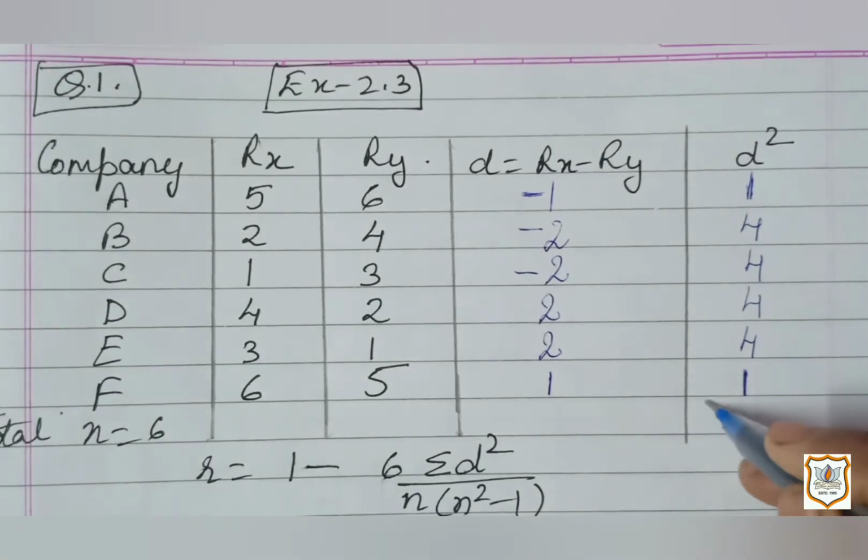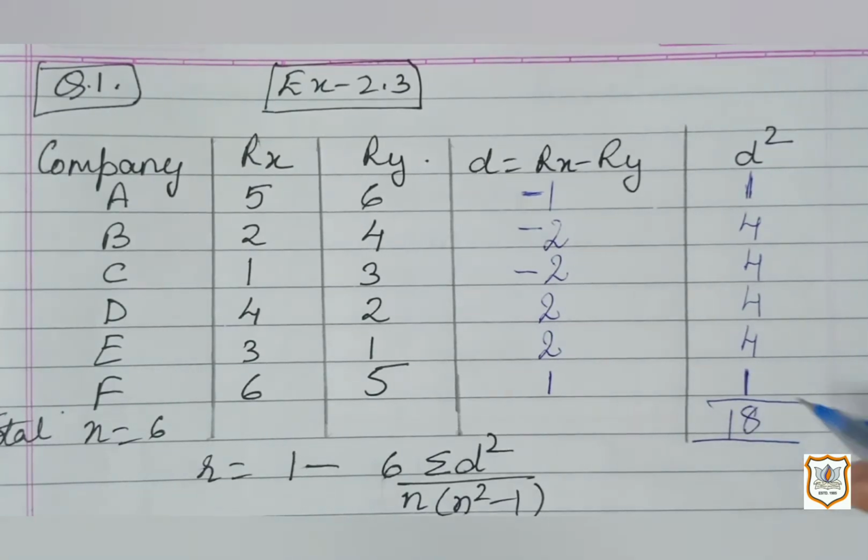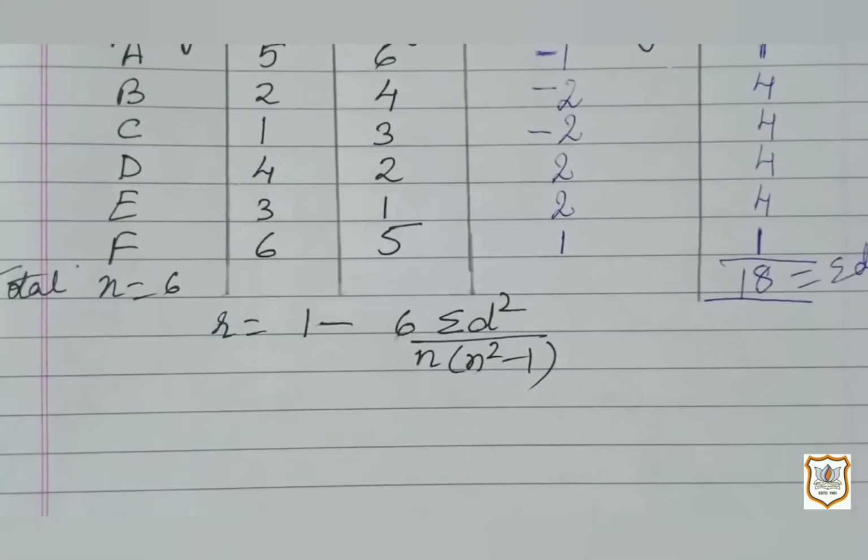Now the next step is to total this d square. When you add, this will be 18. So this is nothing but sigma d square. Now let us substitute in the formula.